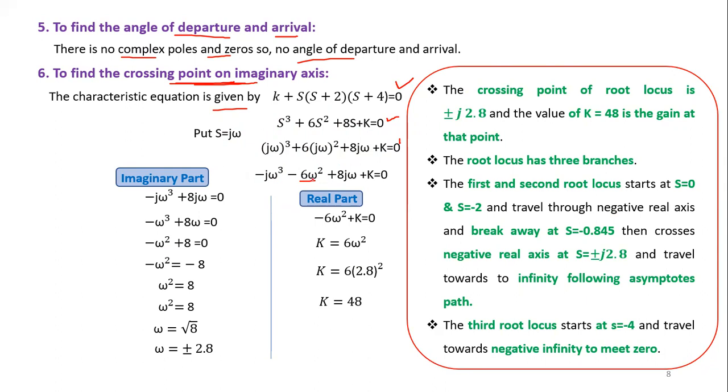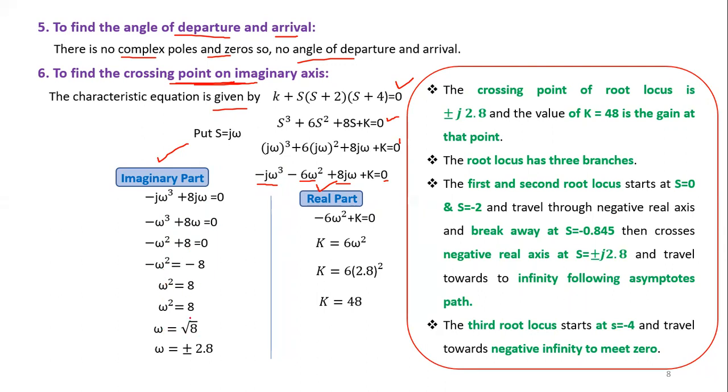If we observe this equation, we have both imaginary and real terms, so we separate the imaginary part and the real part. The imaginary terms are minus j omega cube and 8j omega, which equate to 0. Taking omega common, we get minus omega square plus 8 equals 0, so omega square equals 8.